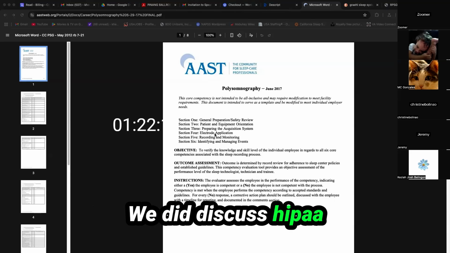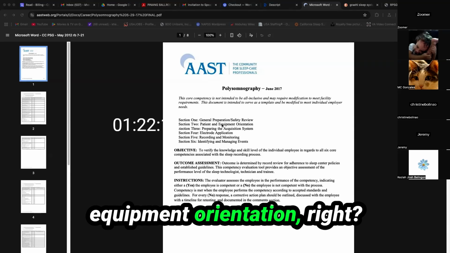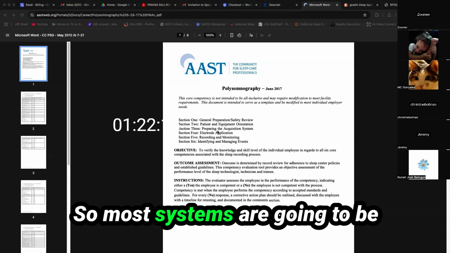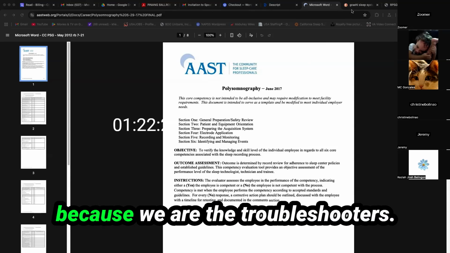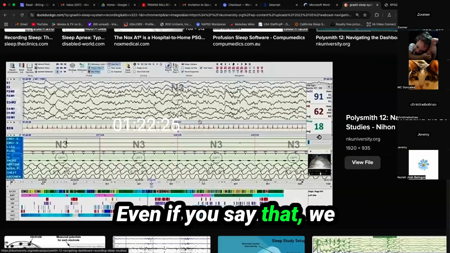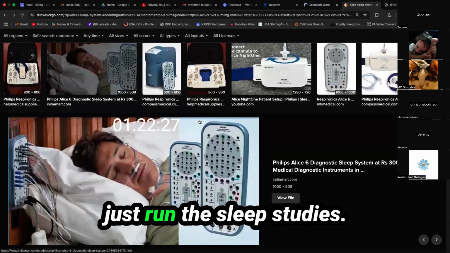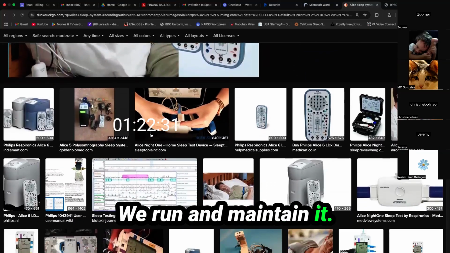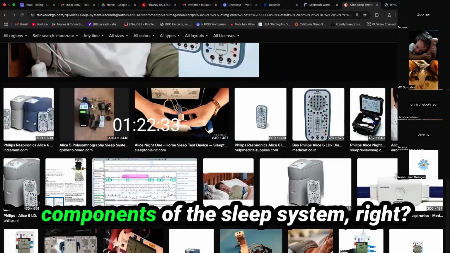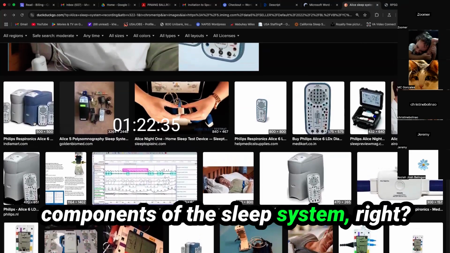We did discuss HIPAA, equipment orientation, right? So most systems are going to be the same. And this is important because we are the troubleshooters. Even if you say that we just run the sleep studies, no, we don't. We run and maintain it. So you have to understand the components of the sleep system, right?